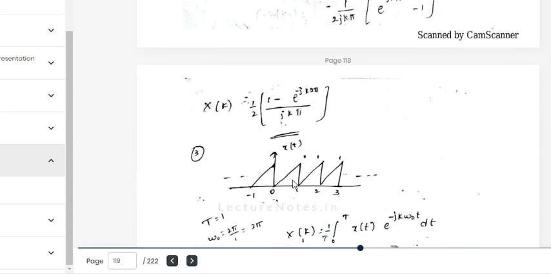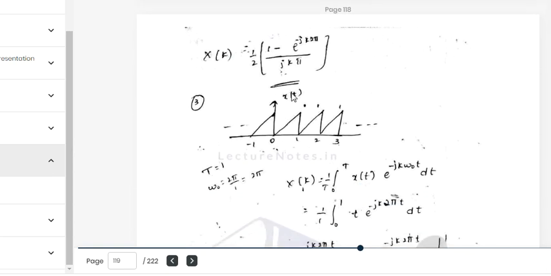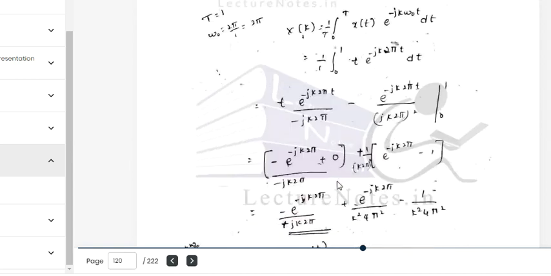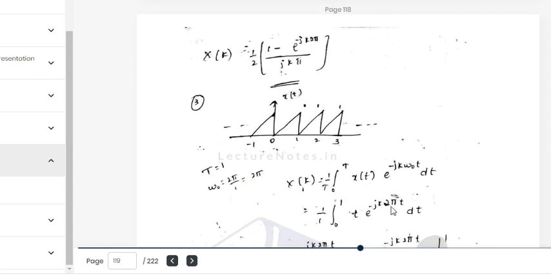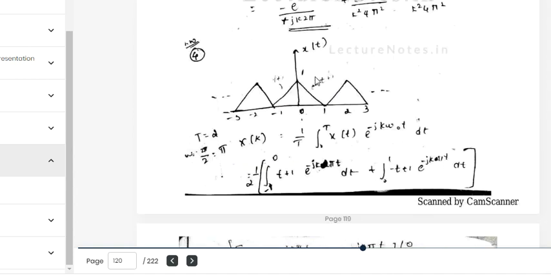Similarly, for this signal, wherein the signal is given by t, it is a ramp signal. It is t. Even for this, try to solve and get the magnitude and phase spectra. This link is given in the WhatsApp group, and I want these kinds of problems.